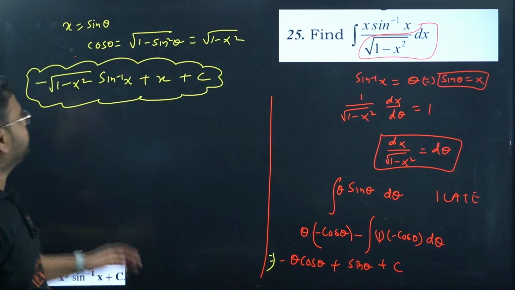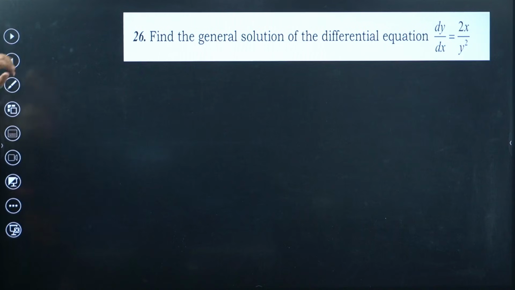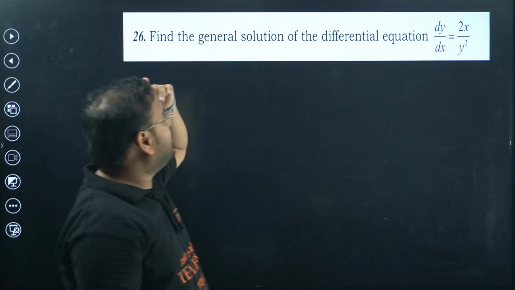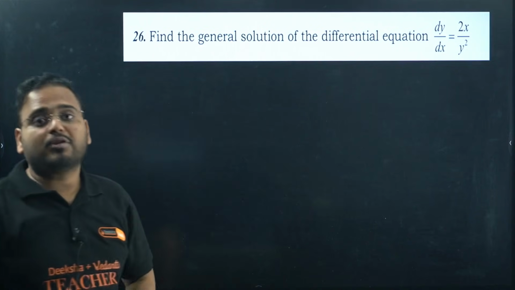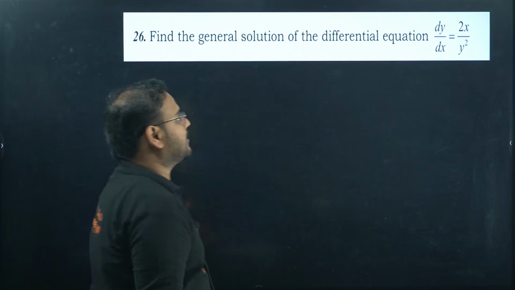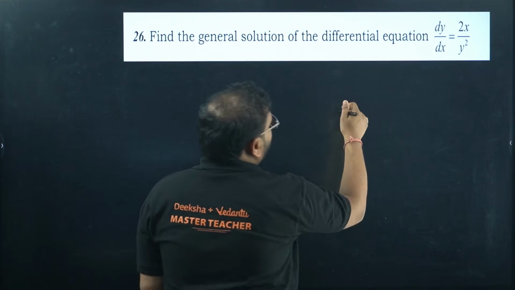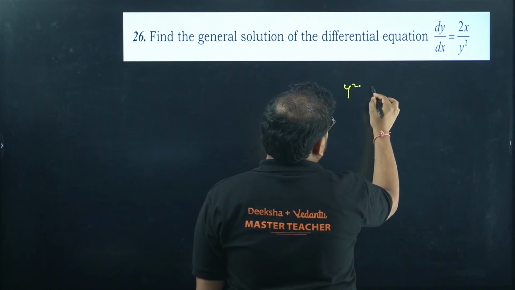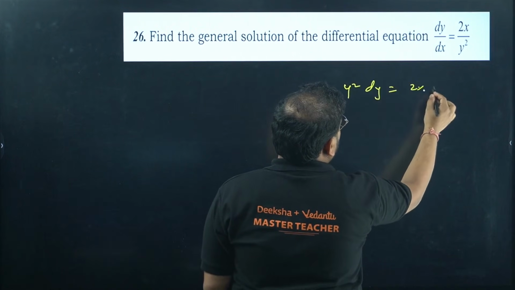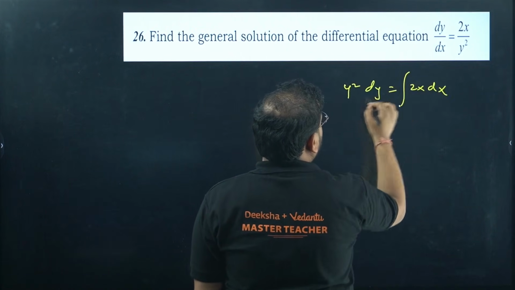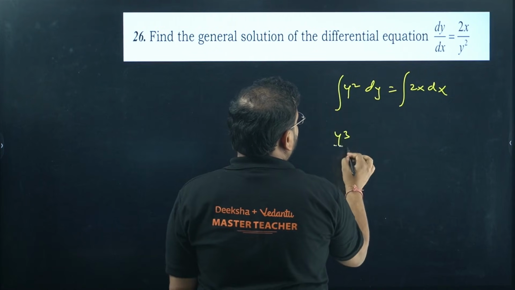Yes? Okay. 26th problem. Find the general solution of the given differential equation. I'm looking for general solution, means the constant c will come. Use variable separable method over here. So I have this as y square dy equals 2x dx, integrate. I'll get y cube by 3.